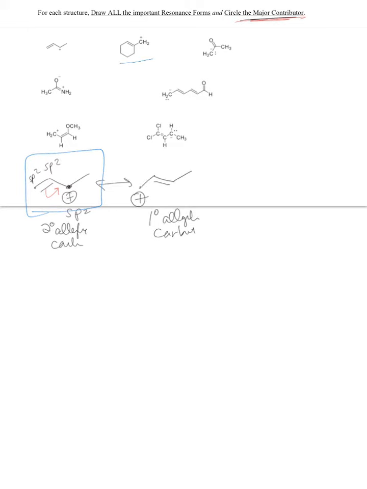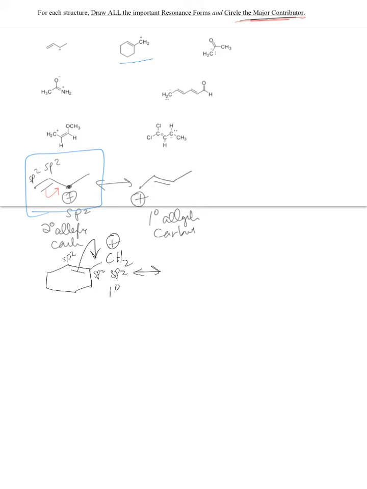All right, so the next one we have, let's keep with the black. Okay, we have another allylic carbocation, and this is primary once again, but it's sp2 because it's a carbocation. This is sp2, sp2, sp2.